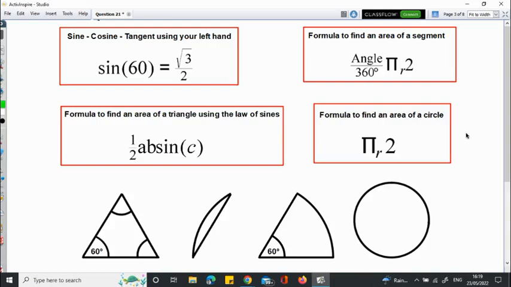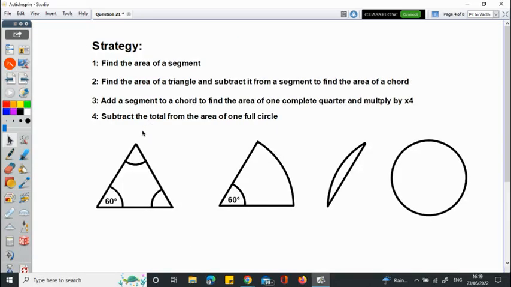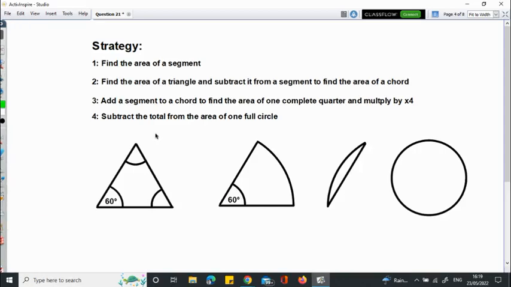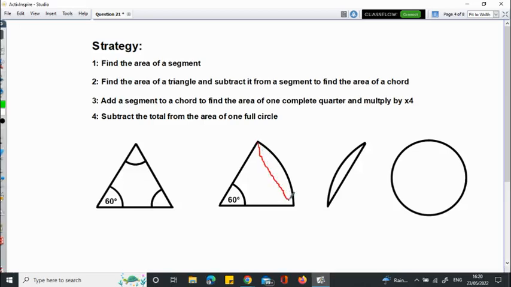Okay, we need a strategy. This is the strategy that I used. We need to find the area of a segment. Step 2, we need to find the area of the triangle, and subtract it from this segment. If we subtract this triangle, we will end up with this chord, or this segment here.